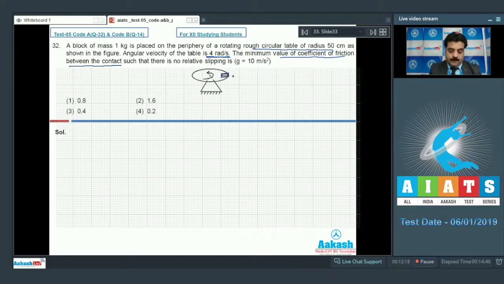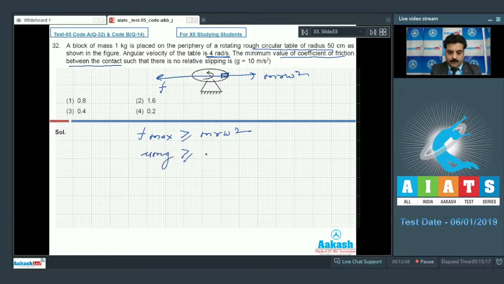So, very clear, this is the centrifugal force, and this force will try to pull the body outside. The direction of friction is always opposite to the relative motion, so friction will act in this direction. If there is no slipping, this is possible only if maximum frictional force is equal to or greater than m r omega square. So friction force is mu mg, and m r omega square.